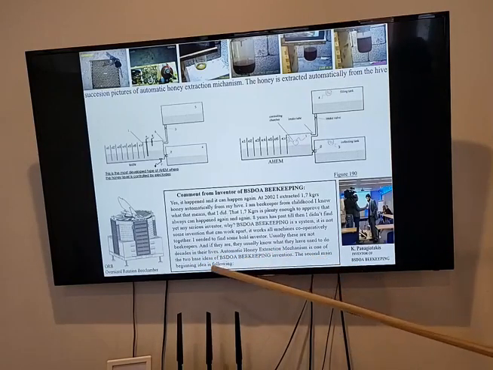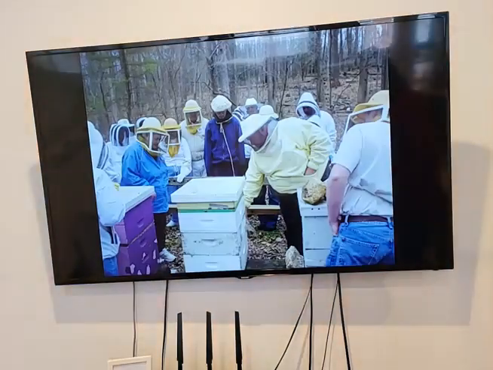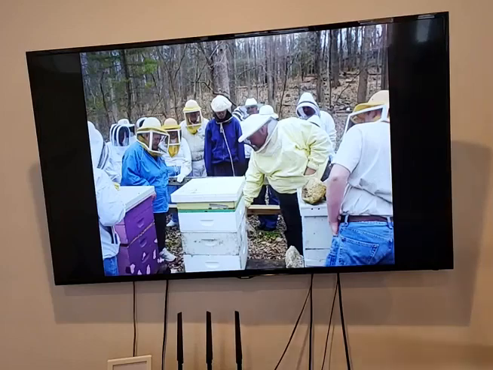The second main beginning idea is the following. Here are amateurs, beekeepers learning anyway.